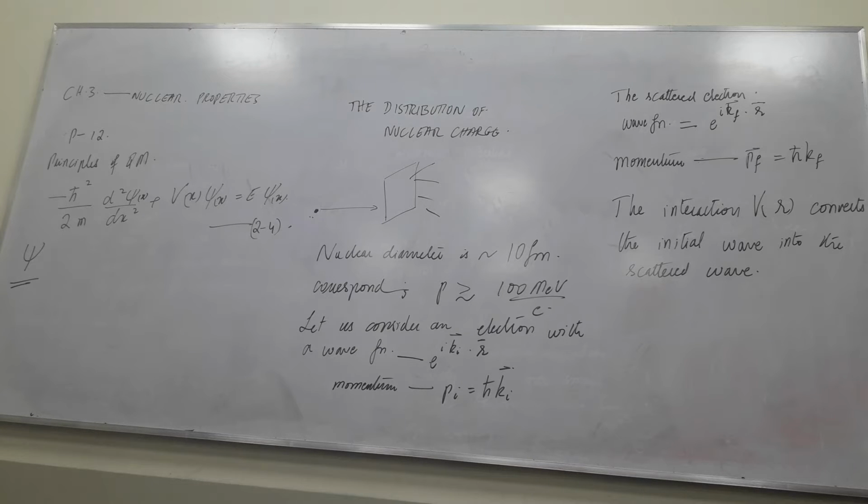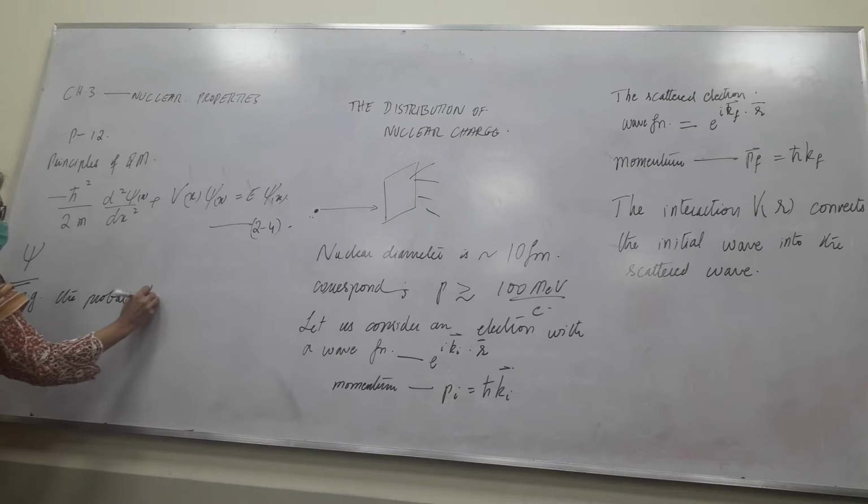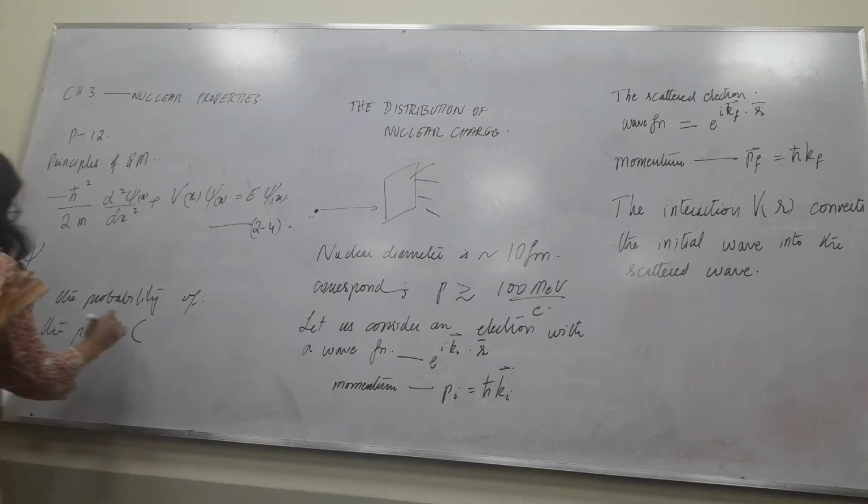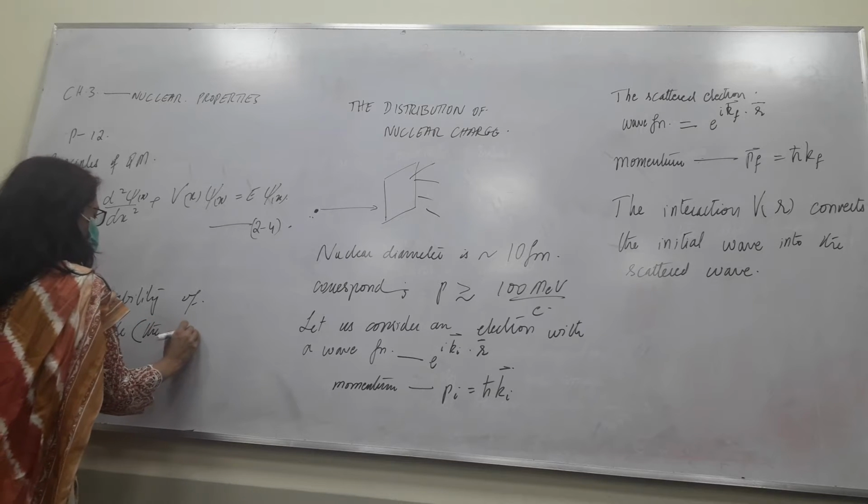So, for example, the probability to find the particle between x and x plus dx. How will we find this? We will find this using the concept of the wave packet.